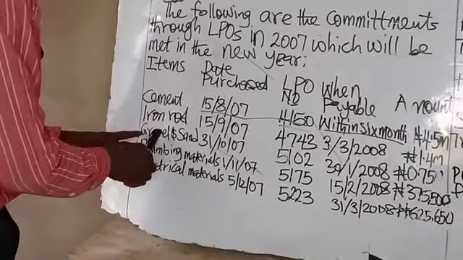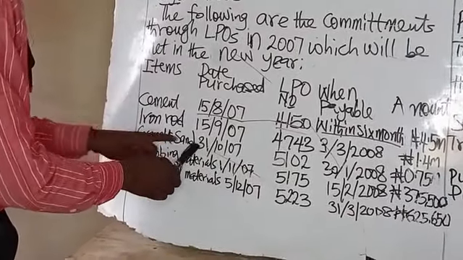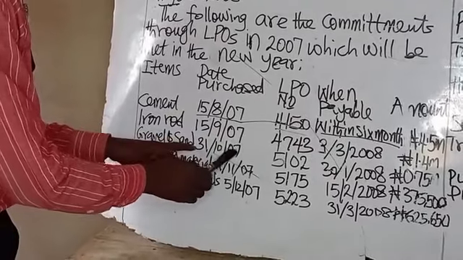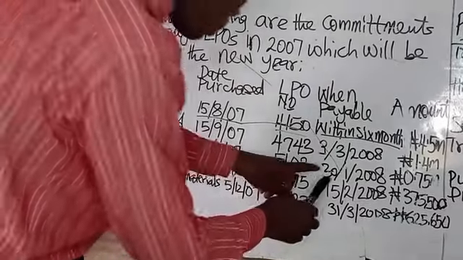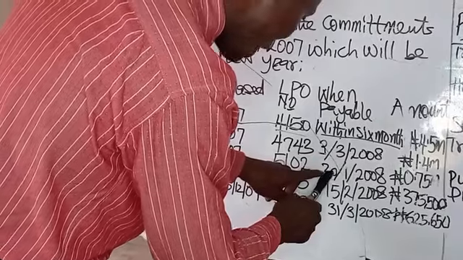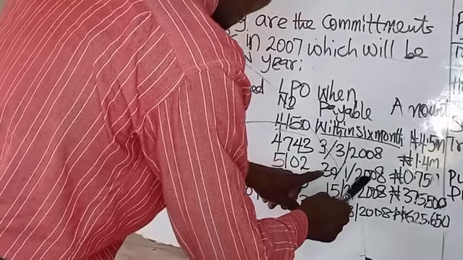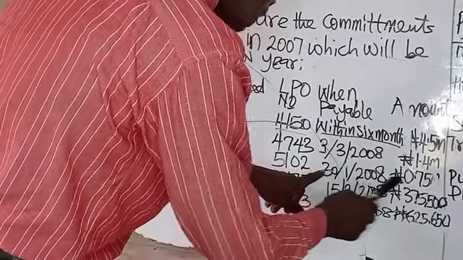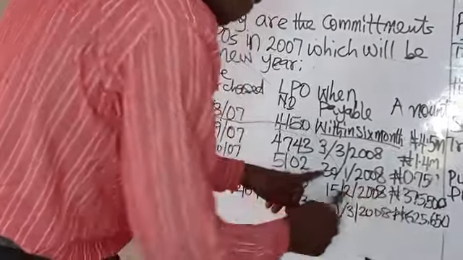The next item, purchase of gravel and sand, which was bought on the 31st of October 2007, and that will be paid on the 30th of January 2008. Purchase of gravel and sand, 0.75 million.